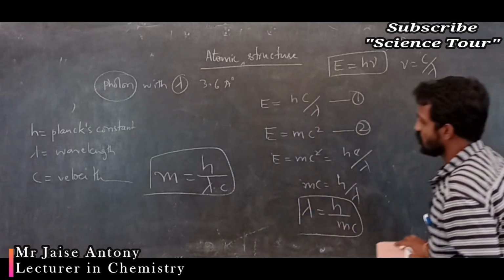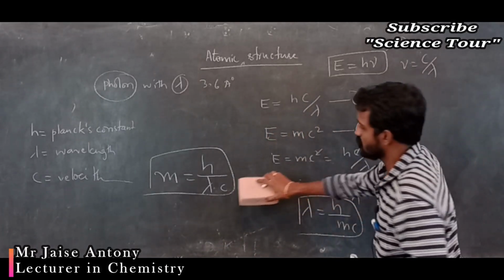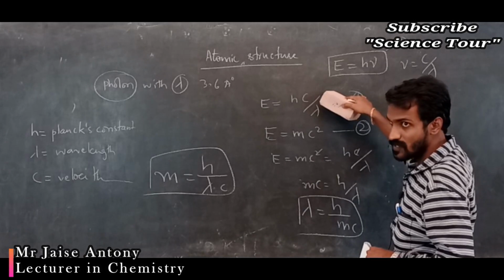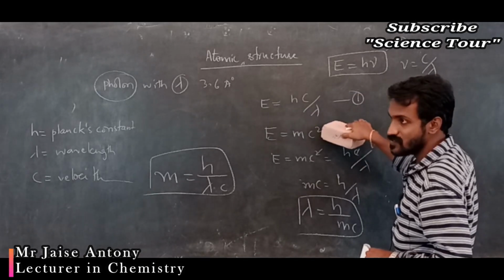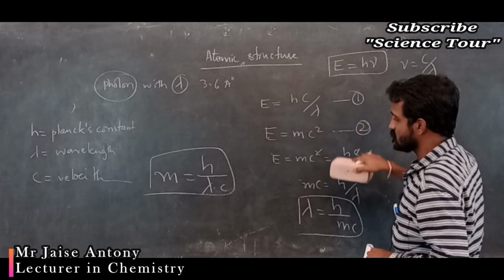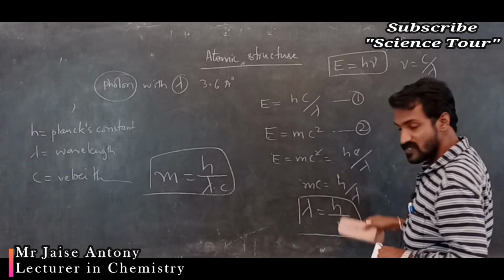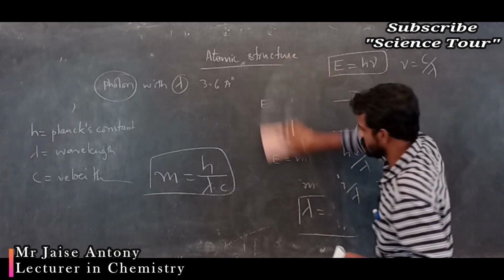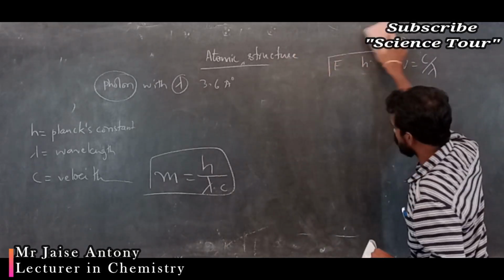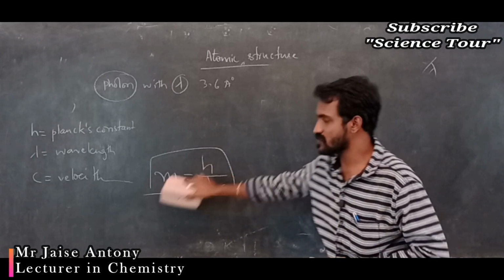Write down this formula. How did we get this formula? The first one is Planck's quantum theory, and the second is the Einstein equation. These two combined, we derived this formula. It is there on the board, correct? So I just modified this formula to get mass.